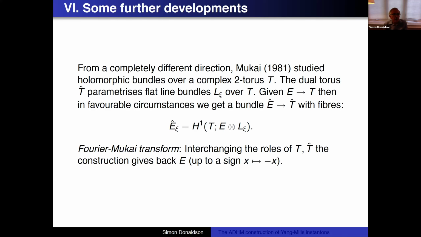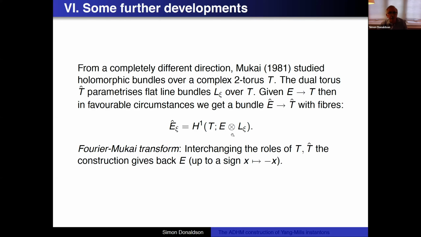Then Mukai showed that this had a striking property closely analogous to the Fourier transform: if we take the dual of the dual torus, we get back to the original torus. So we can start with E hat and do the same construction, and then we recover the bundle E up to a sign.